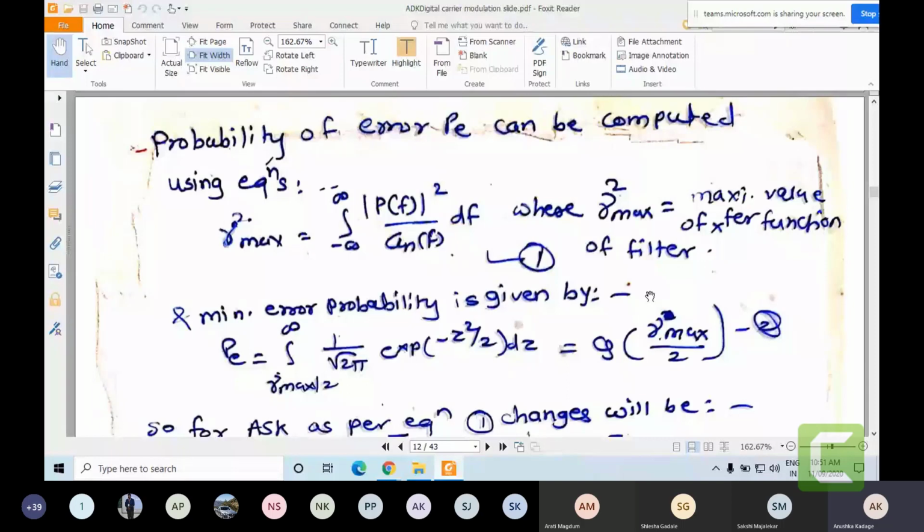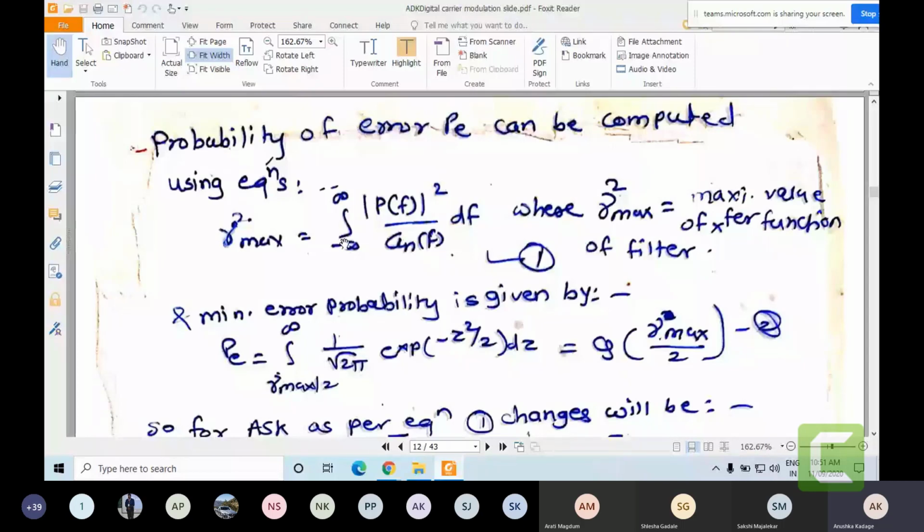And that will be defined as a ratio of PF square divided by GNF, which is integrated over the period of minus infinity to plus infinity, because filter has to be implemented to remove the noise signal, and noise is existing from minus infinity to plus infinity.